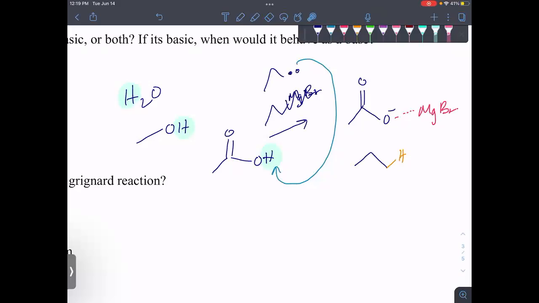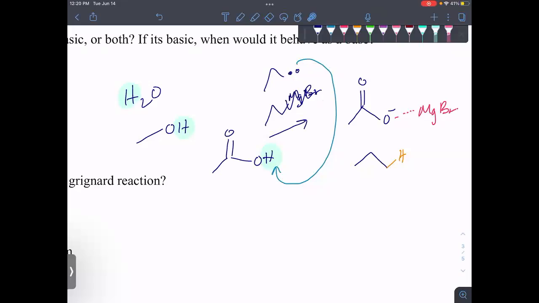Explain again? Okay, so it's going to act as a base because with Grignards, you have a negative charge on a carbon, which really sucks. You do not want charges on carbons. So the Grignard sees this acidic proton and sees an opportunity to get rid of the charge. So the Grignard goes in and takes the proton and you get this product. The Grignard gets protonated and it's really happy, it's neutral.